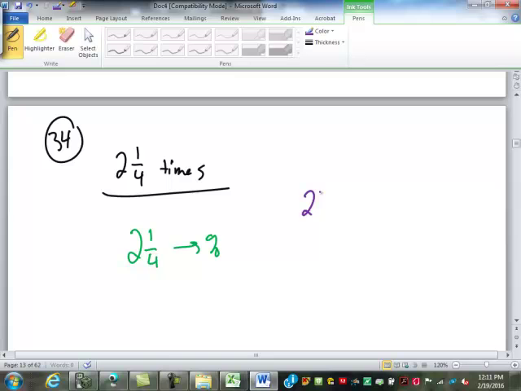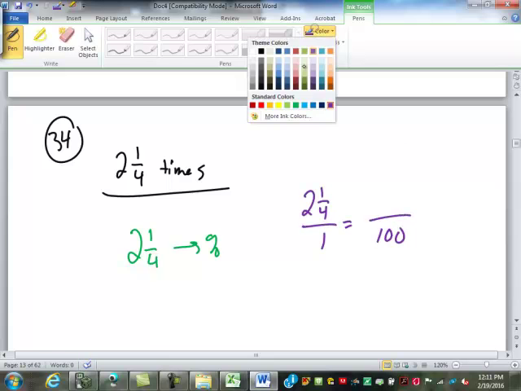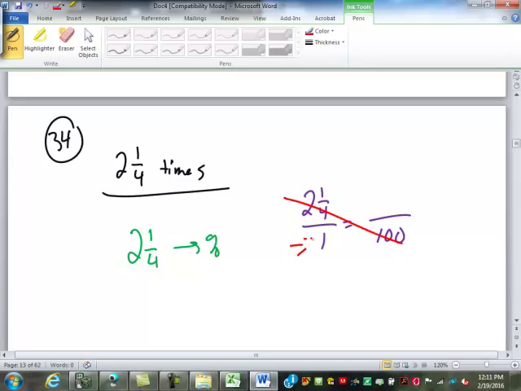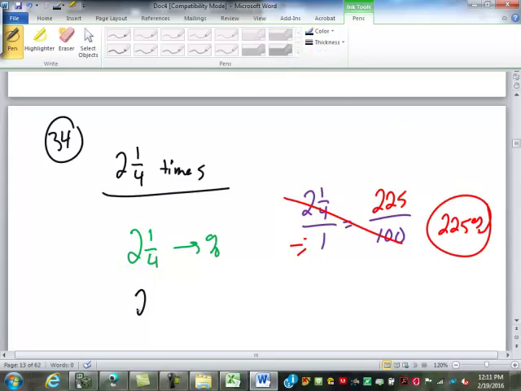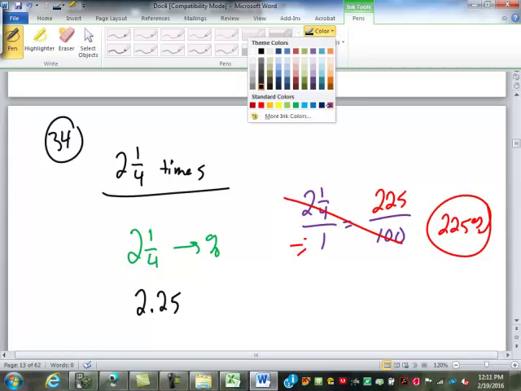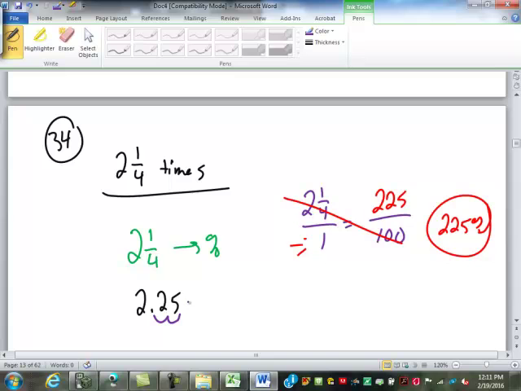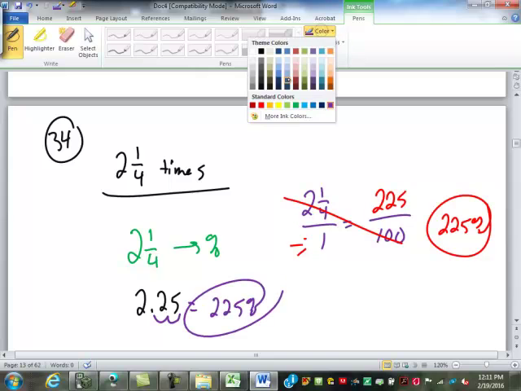So 2 1/4 over 1 equals how much out of 100? Cross multiply and divide. This is 225, so this is 225%. Or you could have done the 2 1/4 into a decimal of 2.25 and move the decimal point over 2 spots to get 225%. Either way, 225%.